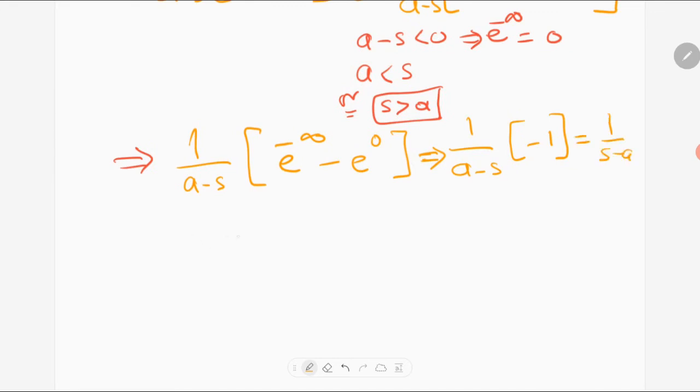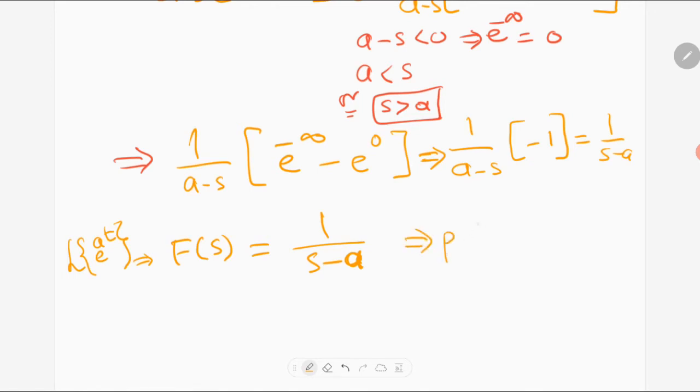So actually what we got is this F of s, which is the Laplace transform of e raised to the power at. Now we just try to understand what this simple polynomial tells us.